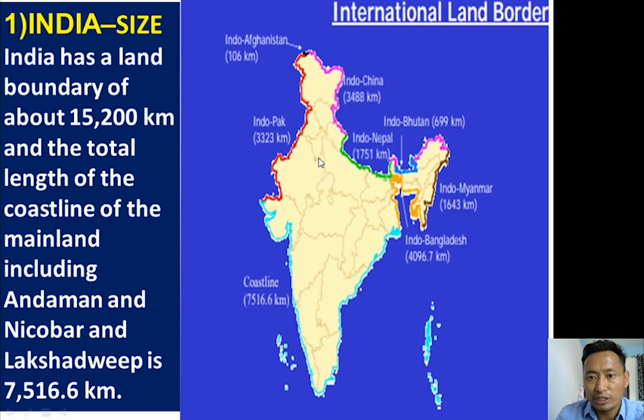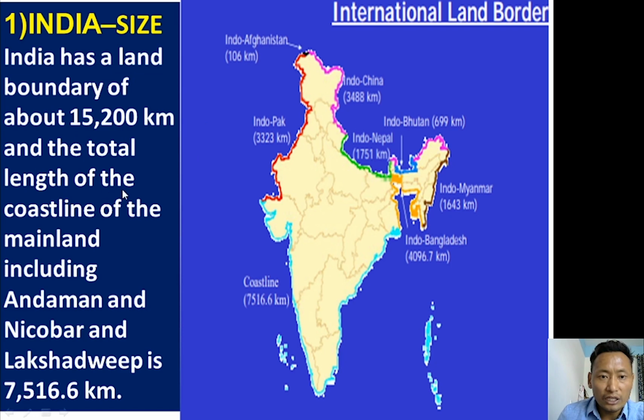India shares 1,751 with Nepal, 1,643 with Myanmar, and 4,096.7 kilometers with Bangladesh. If we add all these land boundaries, it gives 15,200 kilometers in total.